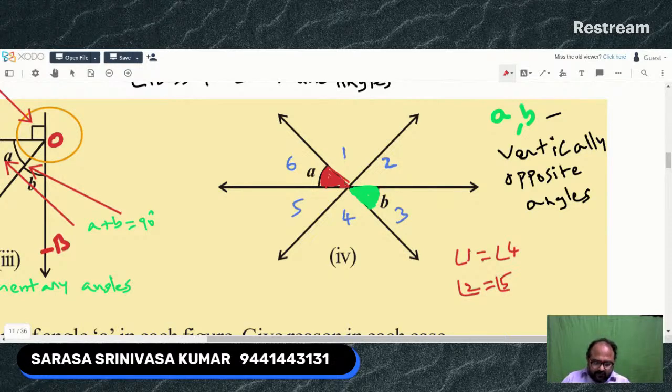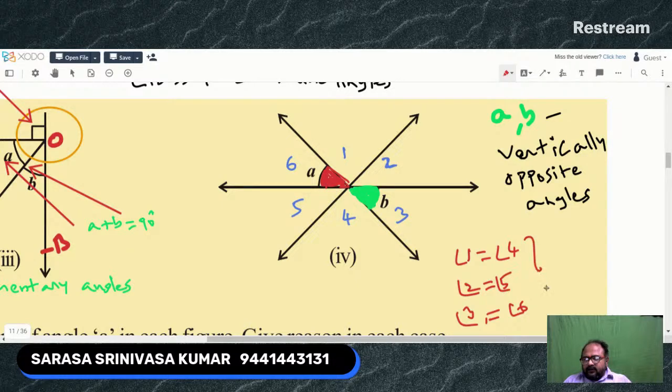Very good. One of our students responded. Angle 1 and angle 4 are vertically opposite angles. Angle 2 and angle 5 are vertically opposite angles. And angle 3 and angle 6.